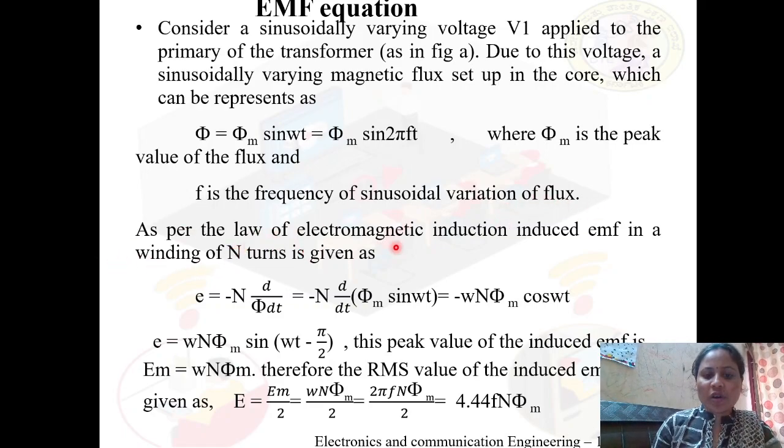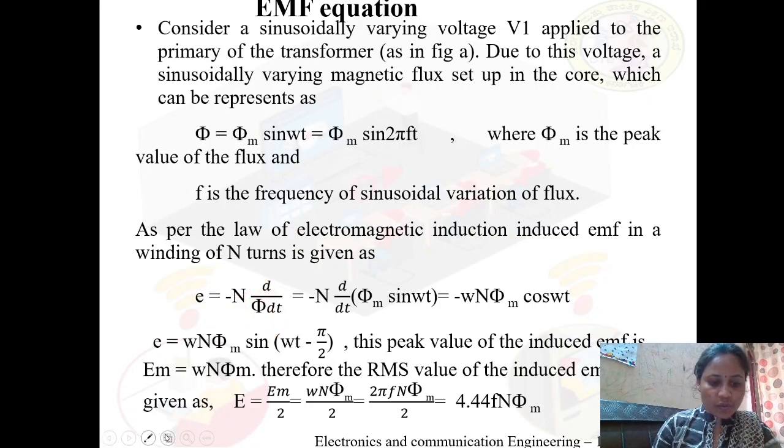As per the law of electromagnetic induction, the EMF induced can be represented as E is equal to minus n times d phi by dt.